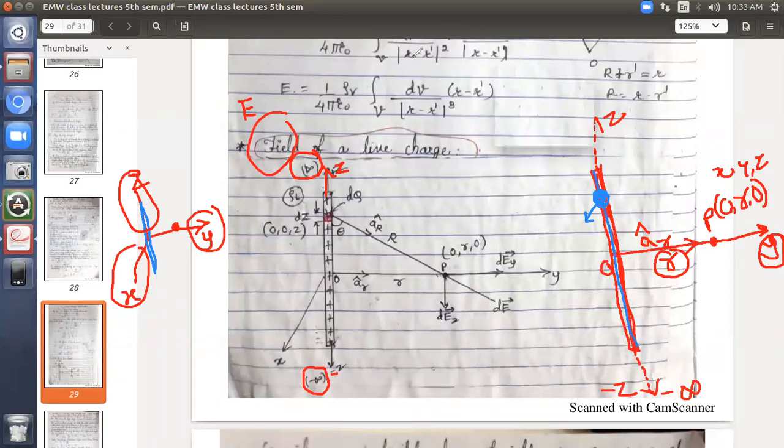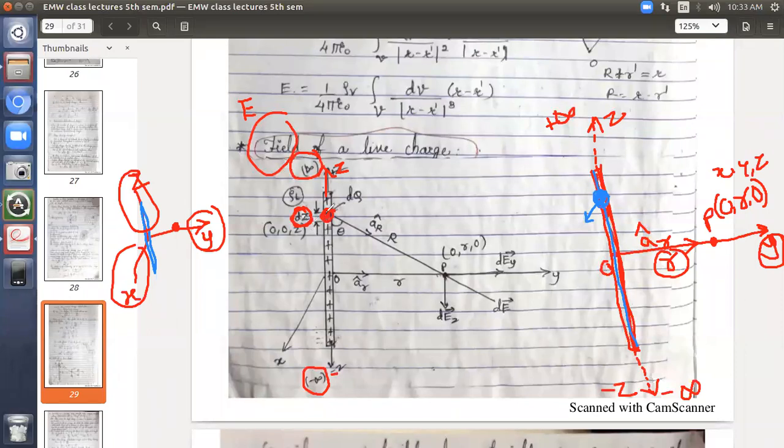Okay. For this, let us take a small part. You can see it marked in red. This is a small portion indicating the size dz. The overall length is z because it is in the z direction, and dz is that small length.